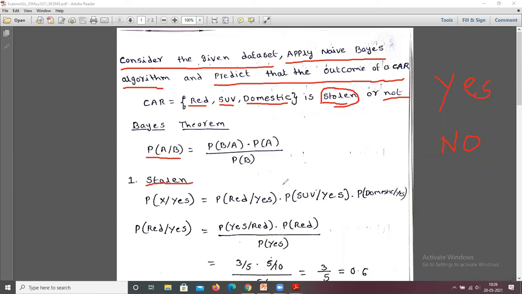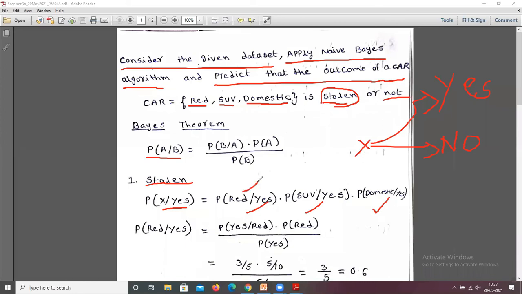Now this X may be yes or no. Now consider this X as yes, that equals P of red by yes, P of SUV by yes, P of domestic by yes.